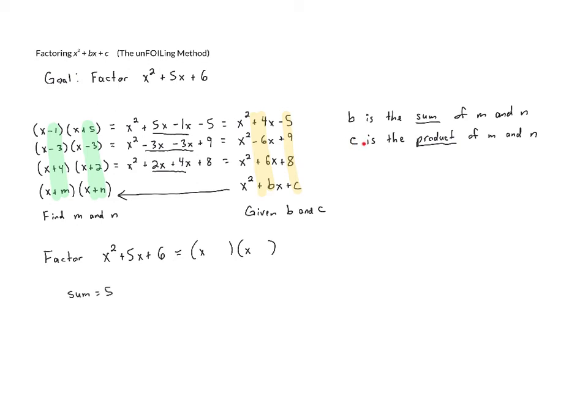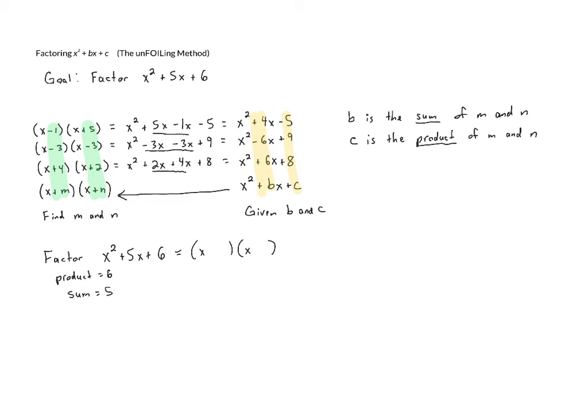And C, the constant term, is the product of M and N. In this case, C is 6, so these numbers that we're looking for have to have a product of 6. I usually write the product on top and the sum on bottom. It's just a habit I get into, so I'm always doing things consistently.